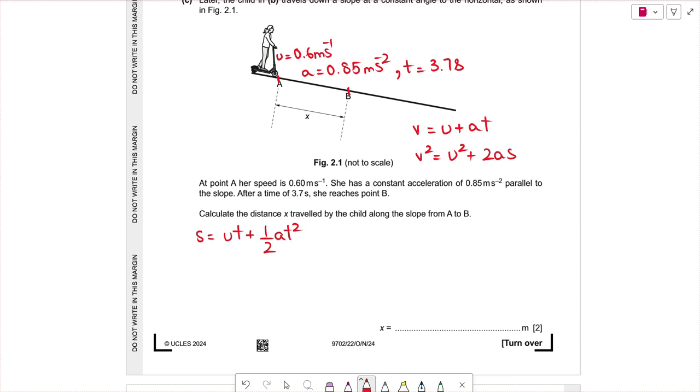Since we want to find the distance, we will not use the first equation. In the second equation, we don't know her final velocity at point B. So we will use this equation. Now put the values: u is 0.6, time is 3.7, plus 1 by 2, acceleration is 0.85 and time is 3.7 square. Put this entire expression in your calculator and it gives you the final answer, which is 8 meter.